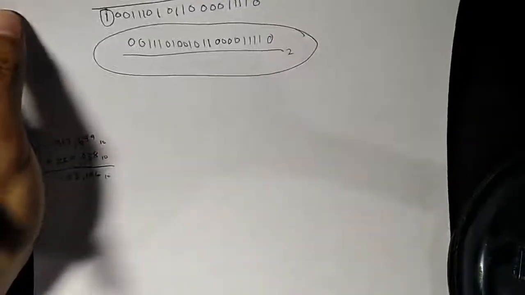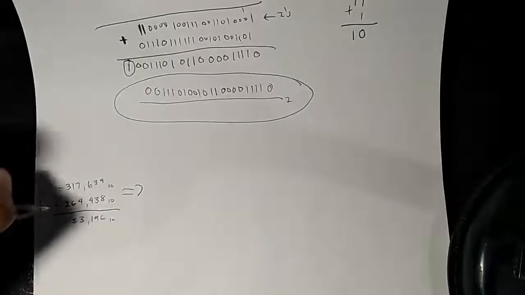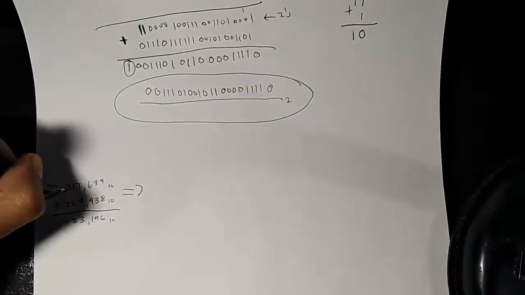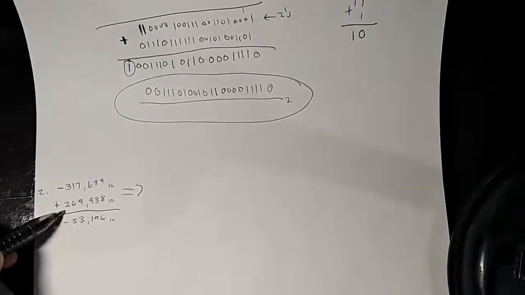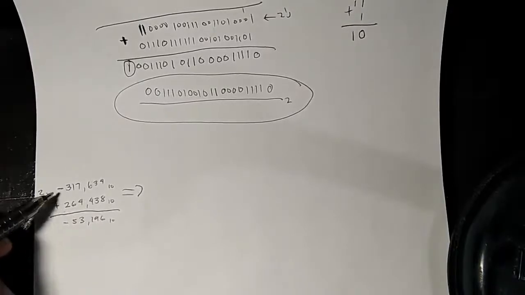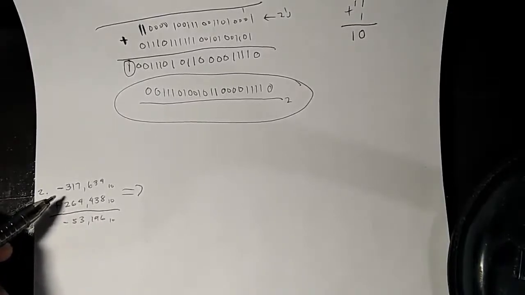Moving on with the next problem. Here we have the same process again. We're going to convert this binary, and then add a binary digit at the leftmost depending on the sign.